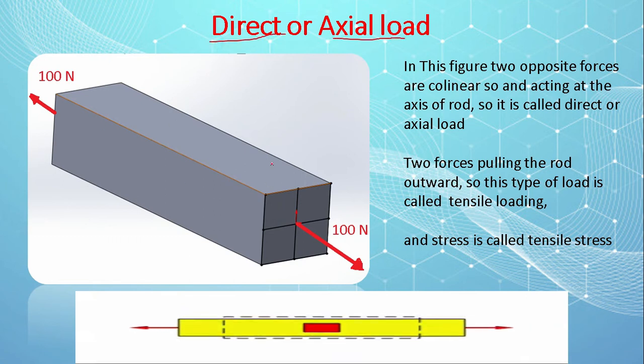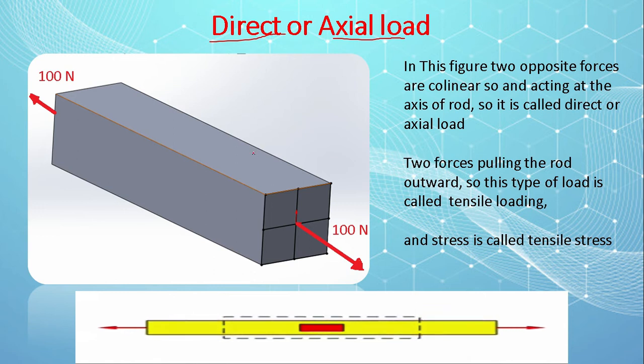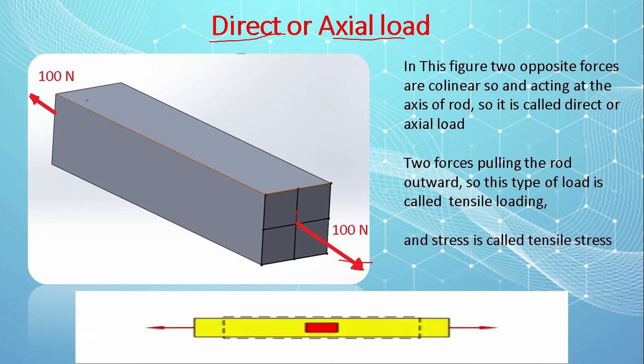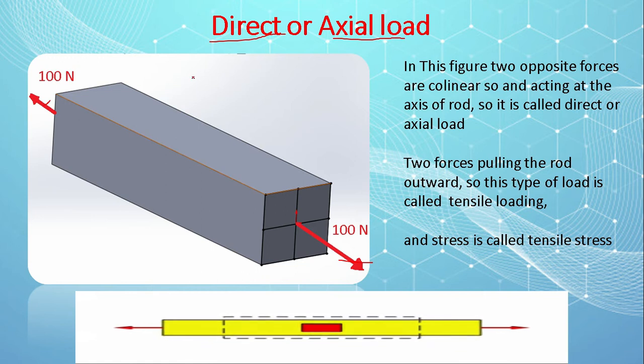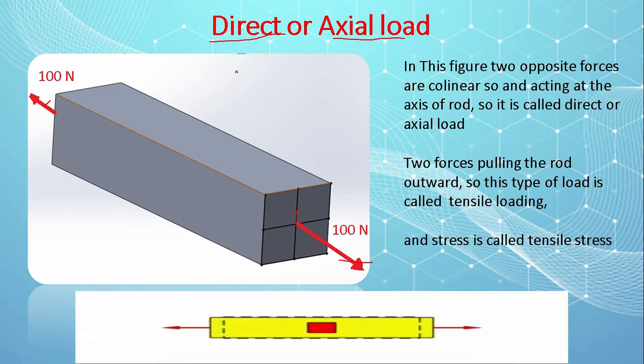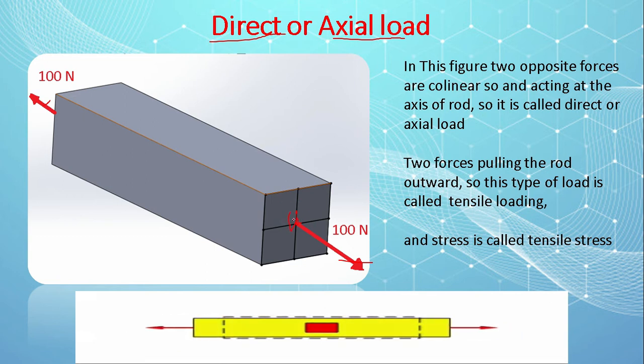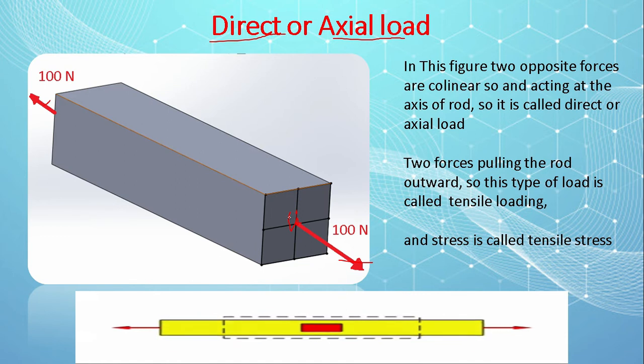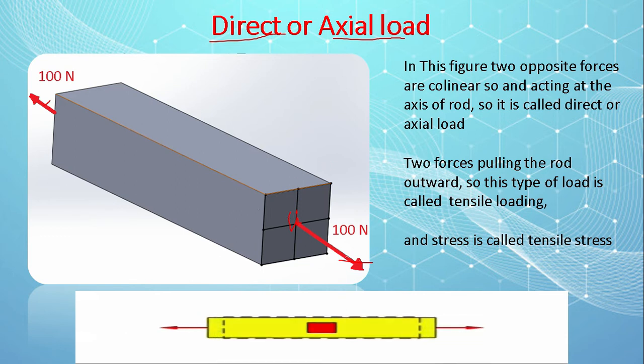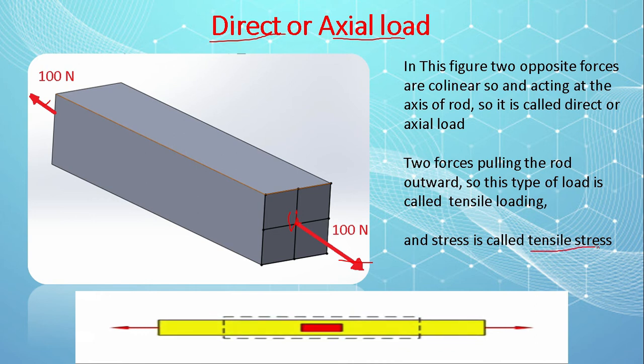Here in this figure, these two opposite forces are collinear and acting at the axis of the rod, so it is called direct or axial loading. Two forces pulling the rod outward, so this type of loading is called tensile loading, and the stress is called tensile stress.